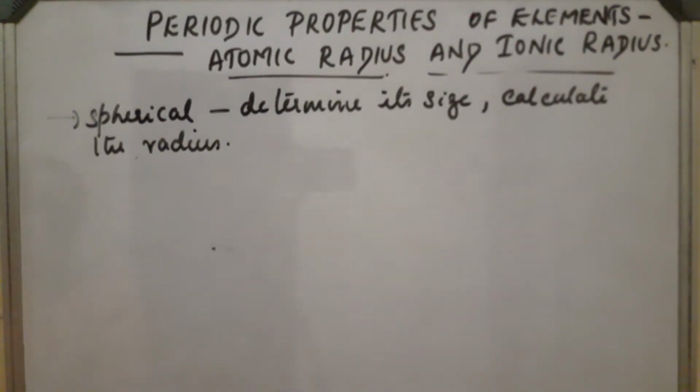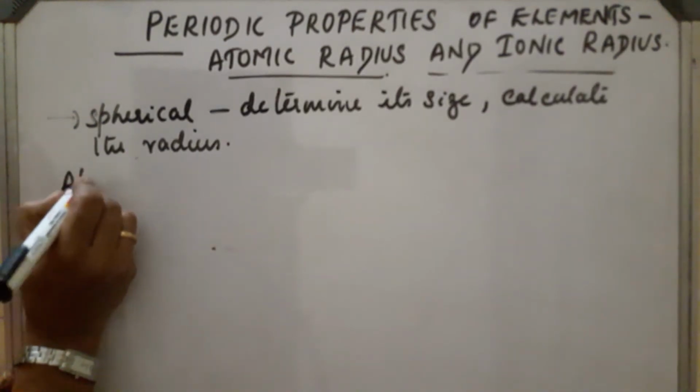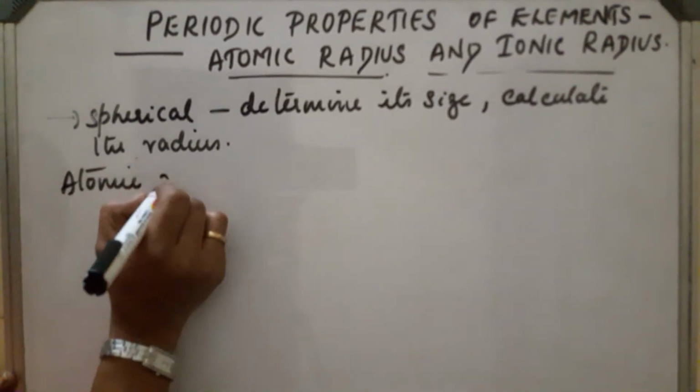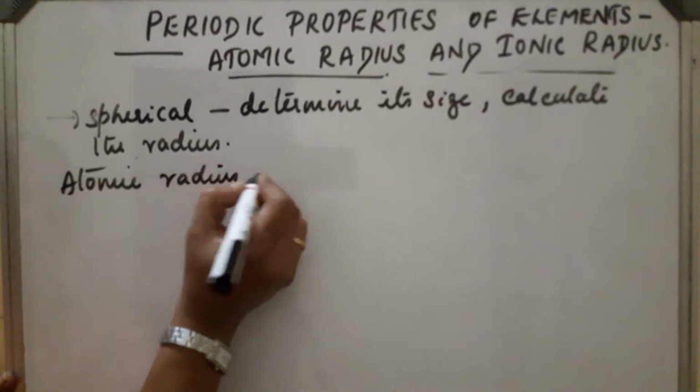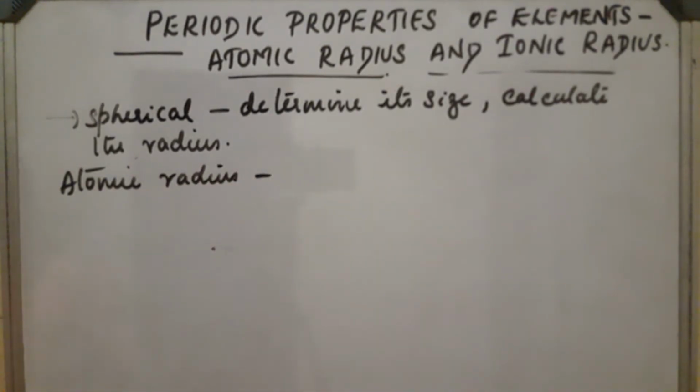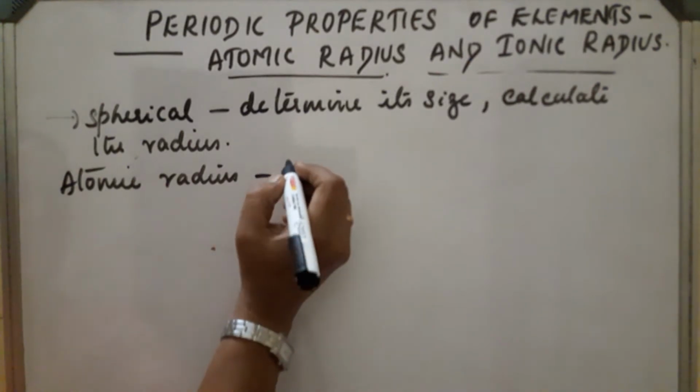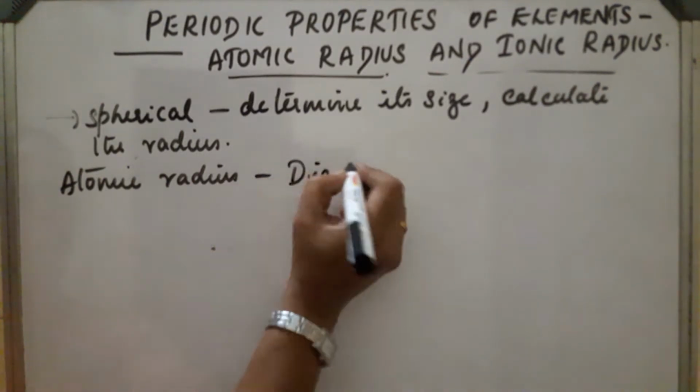So what is atomic radius? It is defined as the distance from the center of the nucleus to the outermost shell of electrons.